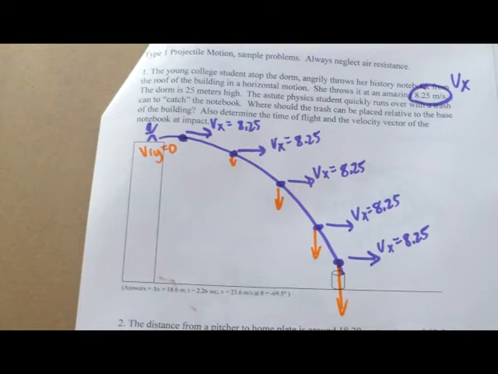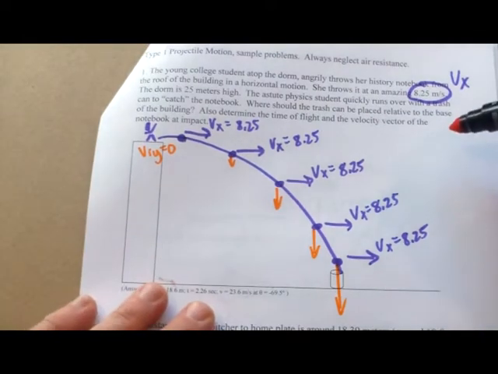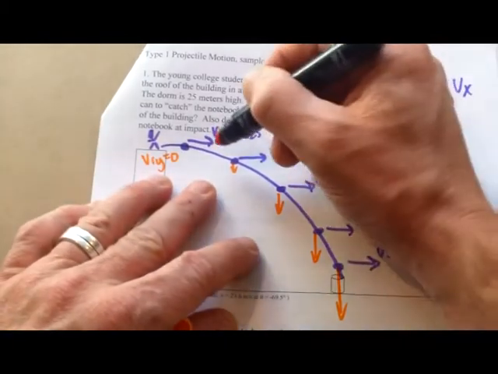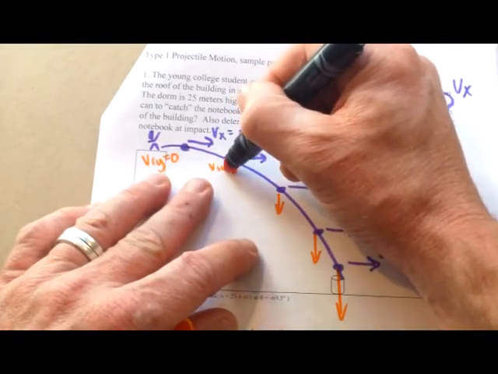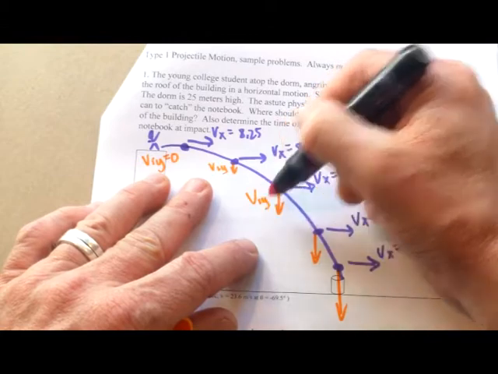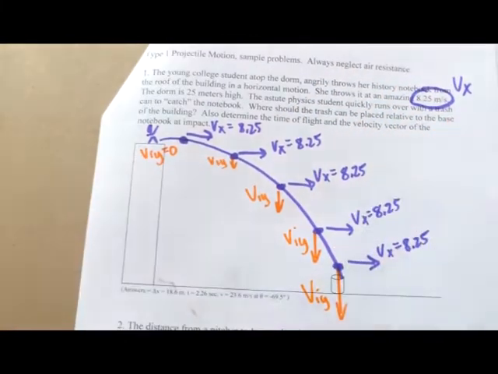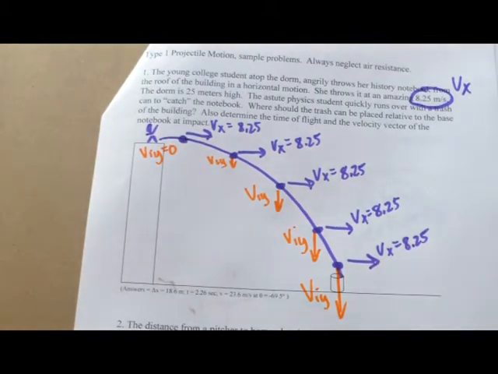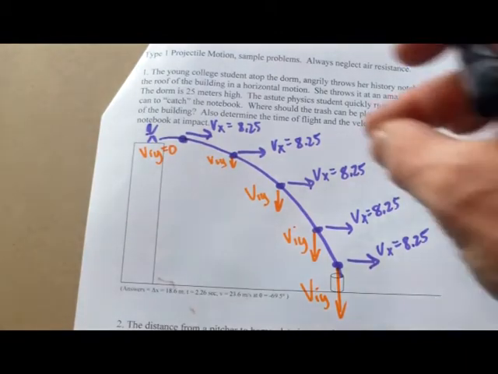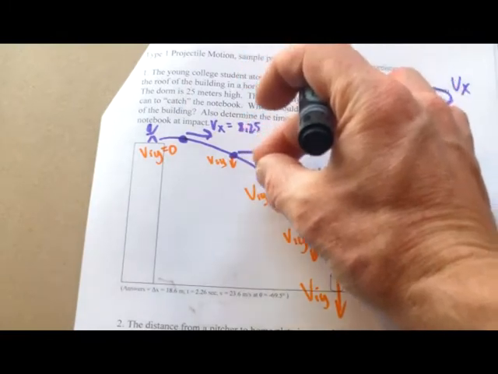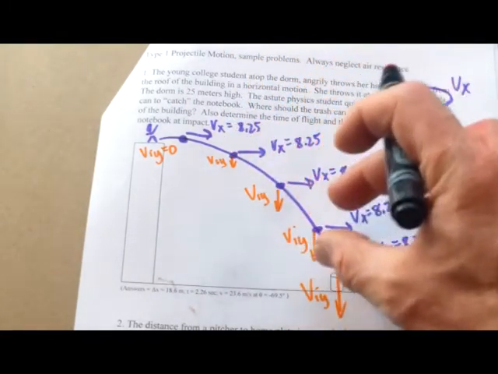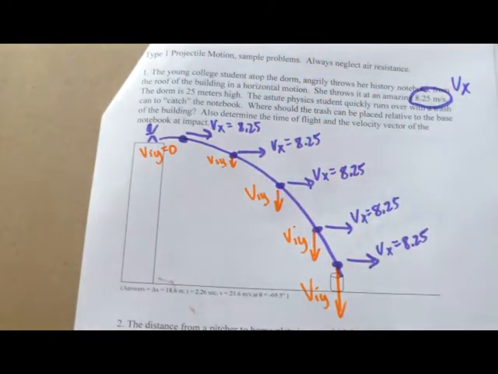Well, we have the influence of gravity. But gravity, again, just acts downward on an object. So this V sub y grows over time. It takes time for gravity to act, right? It acts and causes that velocity to start slow and grow, right?